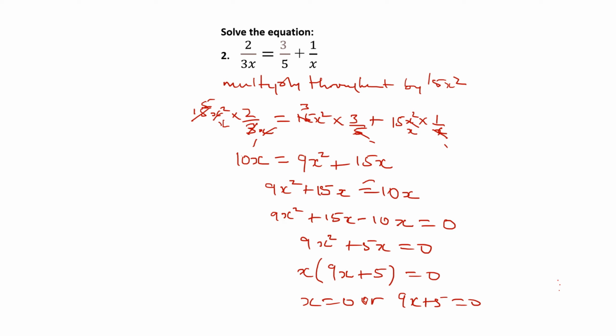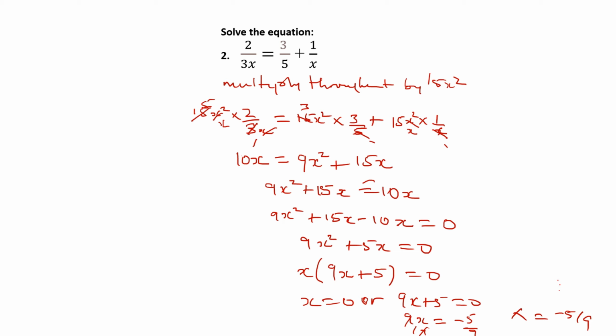So we now have 9x is equals plus 5 goes over the equal to sign, it becomes negative 5. So divide throughout by 9, 9 cancels 9. We have x is equals minus 5 over 9. So that's it for this second question.